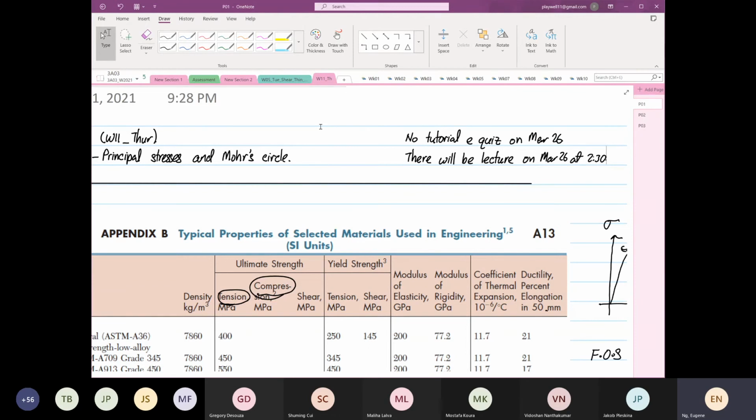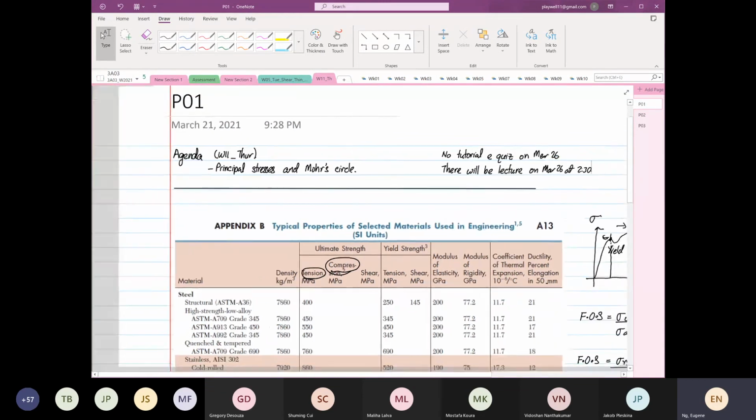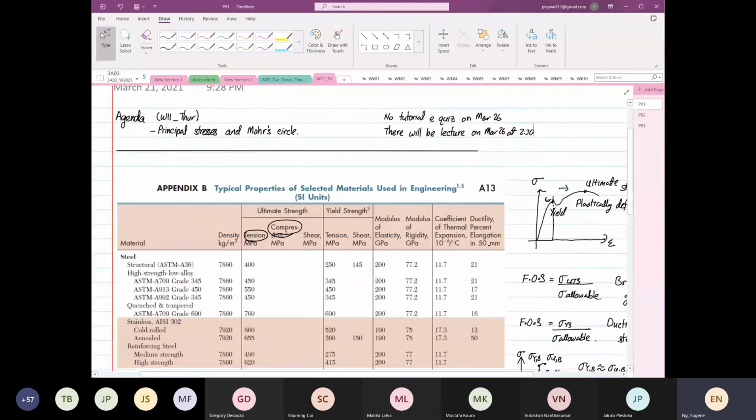Okay. Right. So today, where we finished off last week, I'm going to go through principal stress and Mohr circle. So I'm going to recap what you learned last week. Last week we finished off with the compound loading structure, and also we looked at the element.